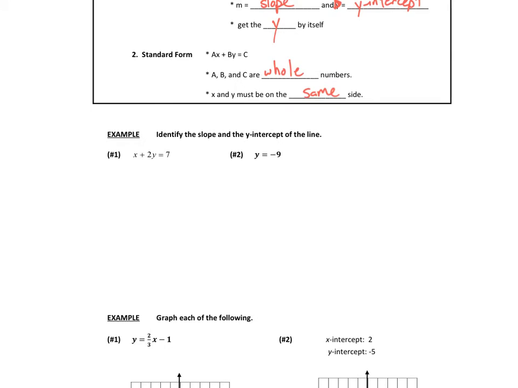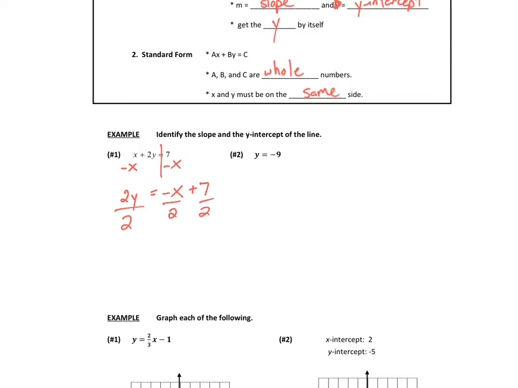So identify the slope and the y-intercept of the line. So in number 1, we have to get y by itself. So we're going to get rid of this x to get 2y equals negative x and a positive 7. I always put the x's in front of the numbers, like right here. I'll put x in front of the 7. And then we divide by 2.